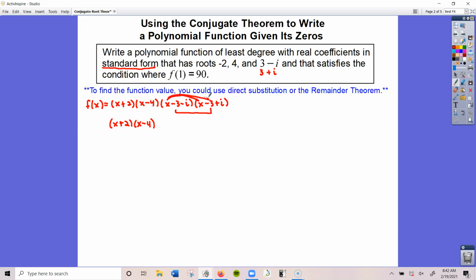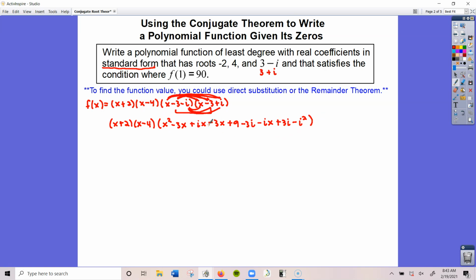I'm going to distribute the x, which would give me x squared minus 3x plus ix. Now I'm going to distribute the -3, which is -3x plus 9 minus 3i. Now I'm going to distribute the -i. So -i times x is -ix, -i times -3 is plus 3i, and then -i times +i is -i squared.